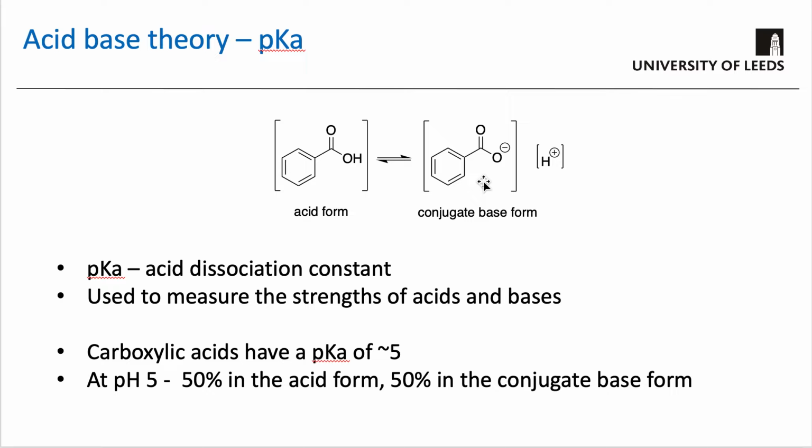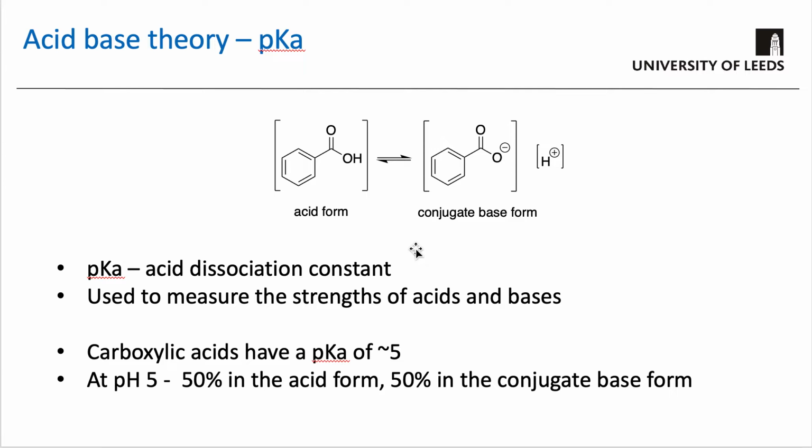Now, depending on the functional group that you have, certain anions are going to be more stable than others. So, for example, in this carboxylic acid, it can delocalize its electrons around the two oxygens, and that makes that anion relatively stable because it can spread that negative charge.